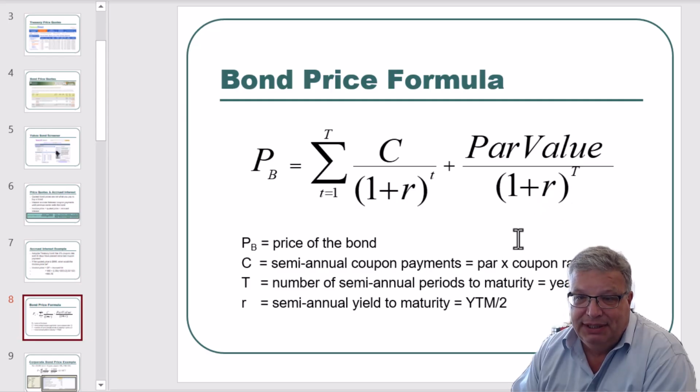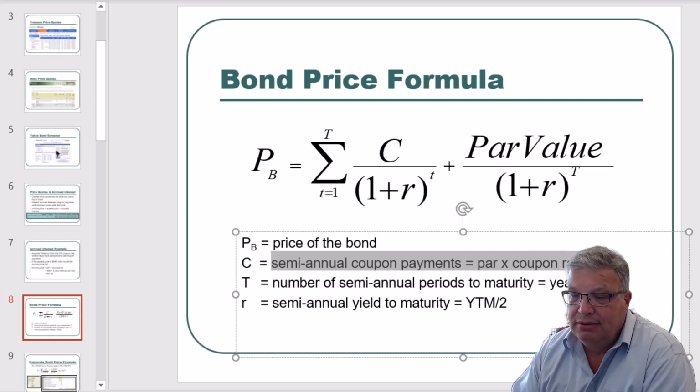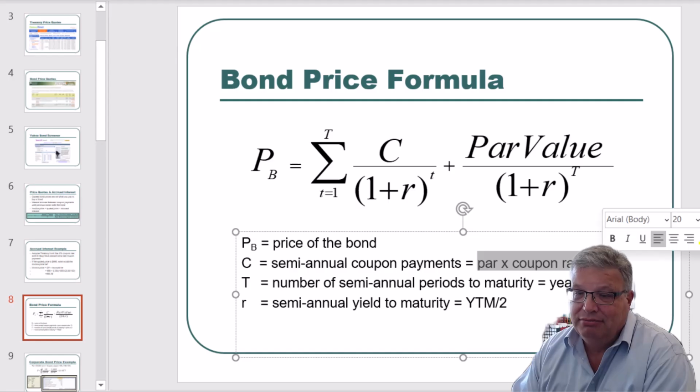A couple things here. If you recall, because coupons are paid twice a year, to calculate that coupon payment, you take par value times the coupon rate divided by 2. We just did that.